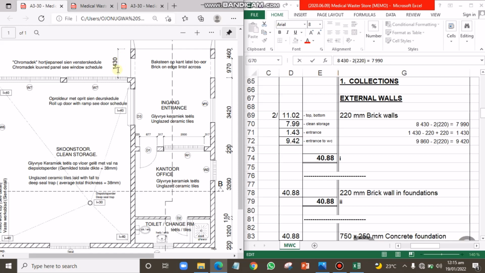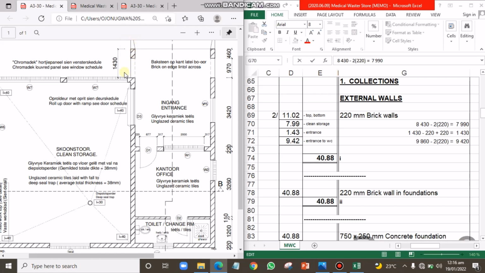So when we are getting the length for this, we're going to pick 1,430, that is from this point to this point. Since there is a spread around this place, because if you carry out an excavation along this horizontal length, there will be a spread extending upward this way. So we have minus 220 for the spread. Since there will be an additional spread after this wall here, we are also going to add 220 at the top.